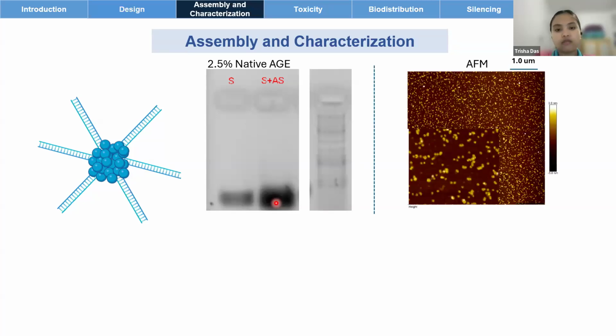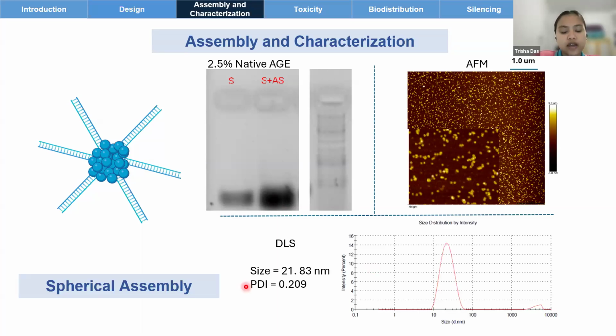Firstly, we use AFM, where we can see these dots which are spheres, and then we look at the size with DLS analysis, where we find that they are about 20 nanometers in size. So now we have these SNAs with a hydrophobic core on the inside and the nucleic acid on the outside, assembled and characterized successfully.